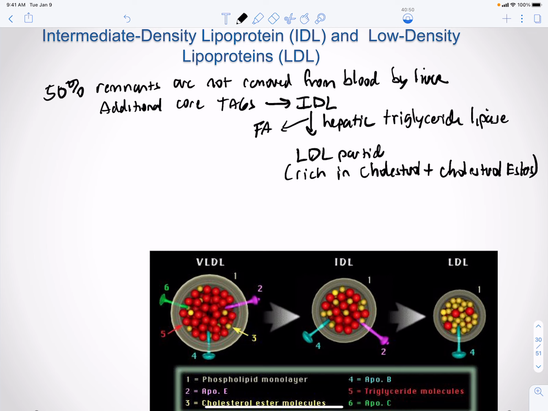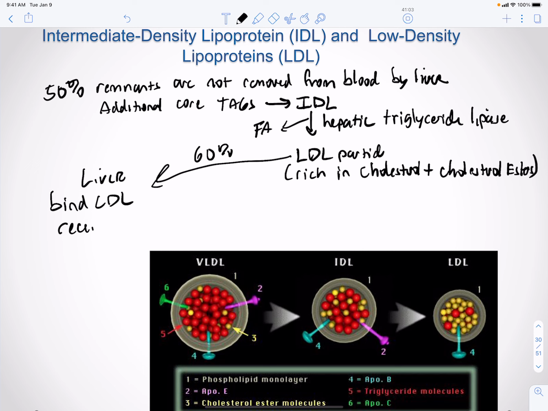About 60% of your LDLs will go back to the liver, and they bind to an LDL receptor. And then they're going to be removed from the circulation.